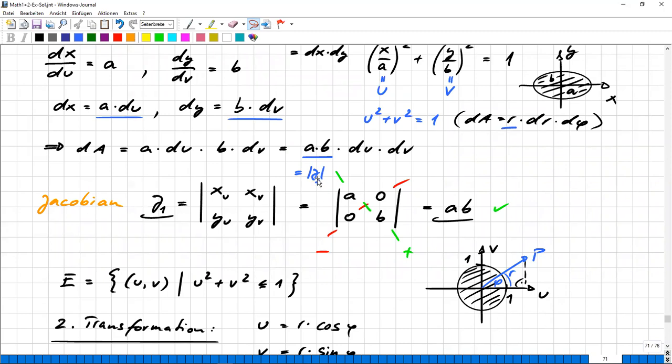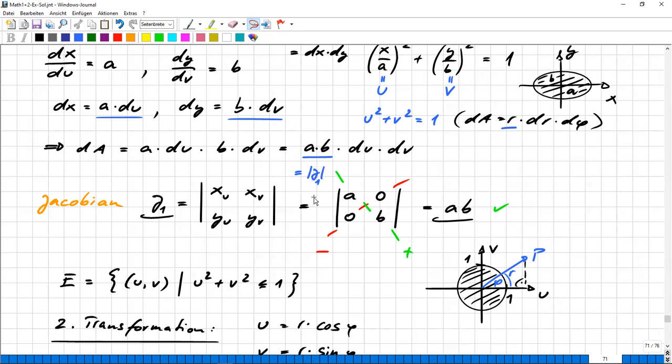This is a very powerful instrument introduced by Jacobi, which tells us that the determinant of a certain matrix, which is closely connected to any coordinate transformation which we perform, is what we need to transform our area element to the new coordinates. So I call this J1, J for Jacobi, J1 with these determinant bars.